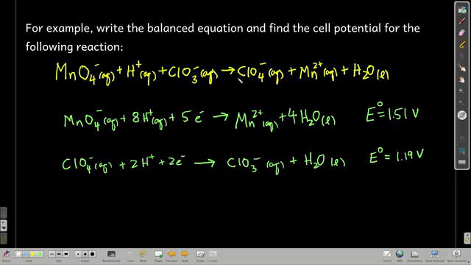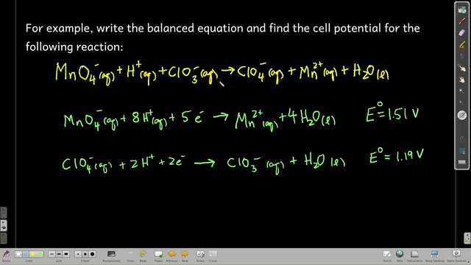So let's say we have this cell, this galvanic cell, and we want to write the balanced equation and find the cell potential for this reaction. What I'm showing you here are these two half reactions. They came from a table. This isn't balanced.